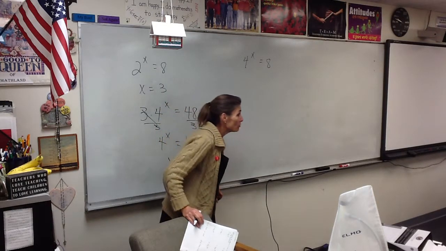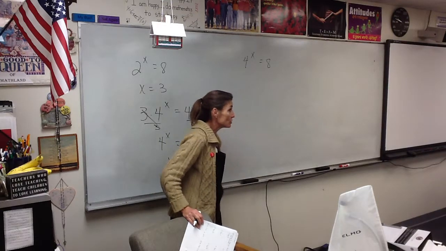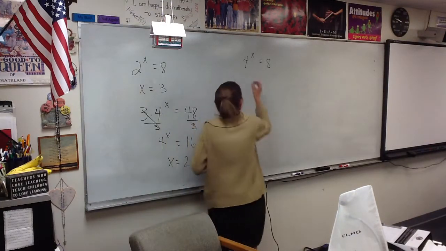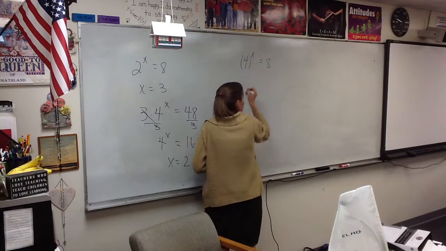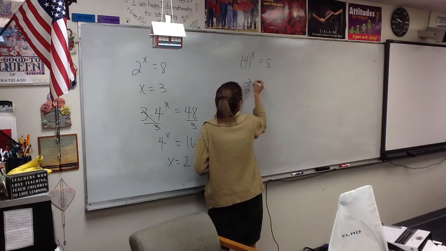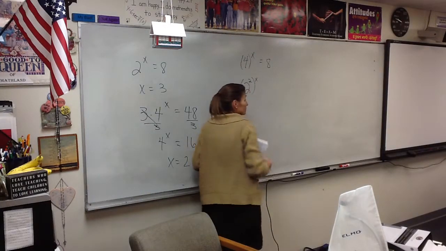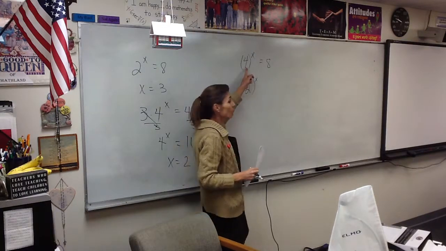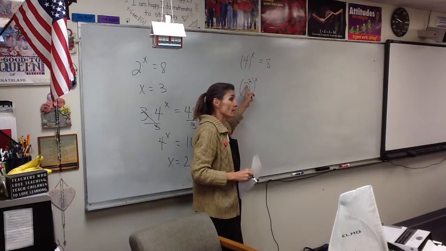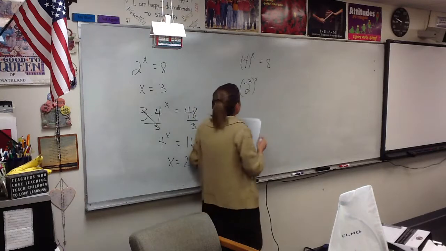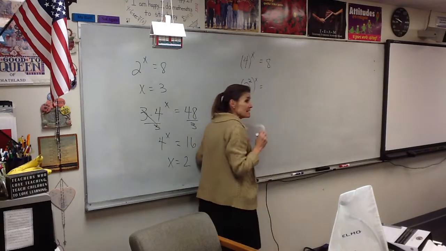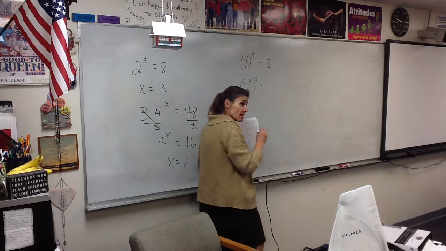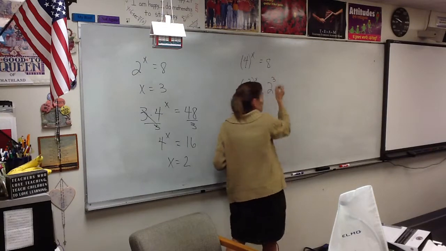They are both powers of 2. So instead of 4, I'm going to think of that as 2 squared. And instead of 8, I'm going to think of that as 2 cubed.